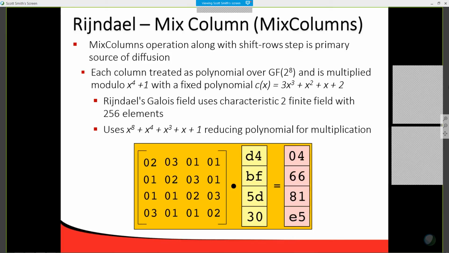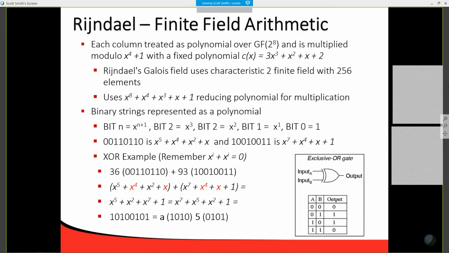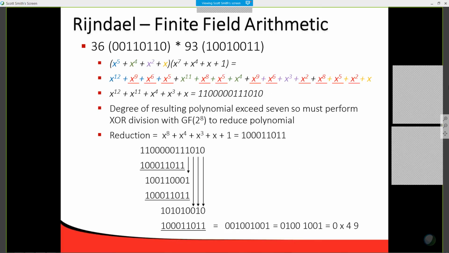There's a Galois field, and we have to take all of those binary values and do this finite field arithmetic, where we're taking polynomials and multiplying polynomials and then coming up with bits, outputs, and then we reduce the polynomial.